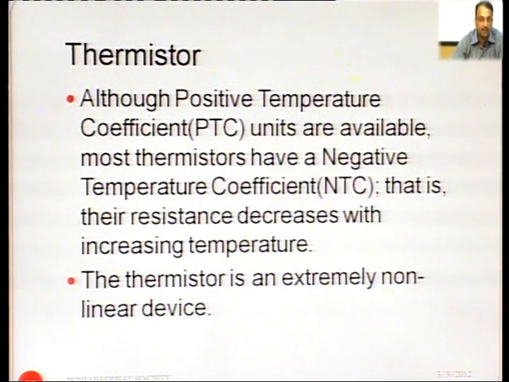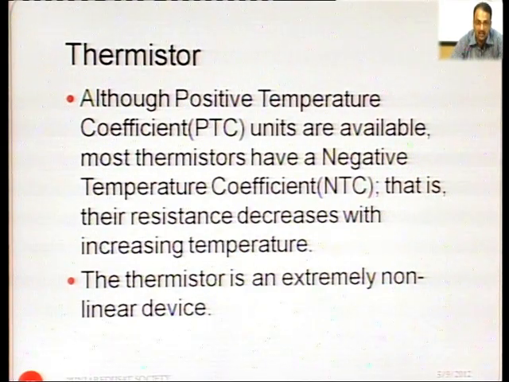NTC, negative temperature coefficient, means their resistance decreases with increasing temperature. So there is an inverse relation between resistance and temperature in the case of NTC, and a direct relation between resistance and temperature in the case of PTC, positive temperature coefficient.